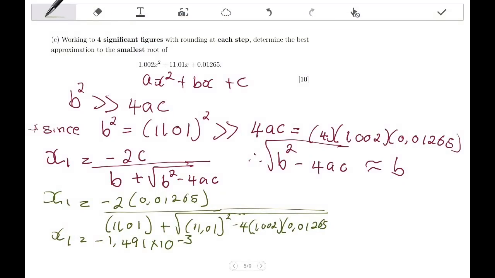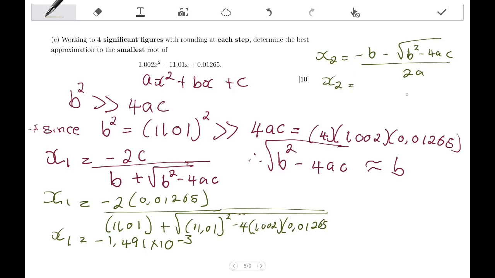Then for x2. Since for x2 we are adding two equal numbers, there's no error. Then x2 is equal to minus b minus the square root of b squared minus 4ac. Since you are adding two numbers that are equal, there's nothing you have to do with rationalizing.